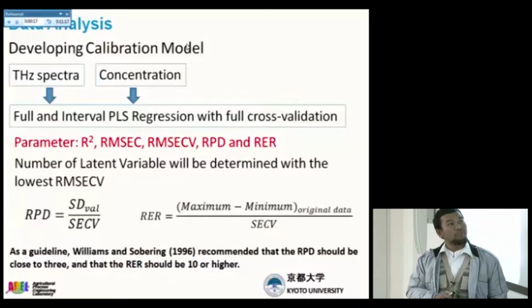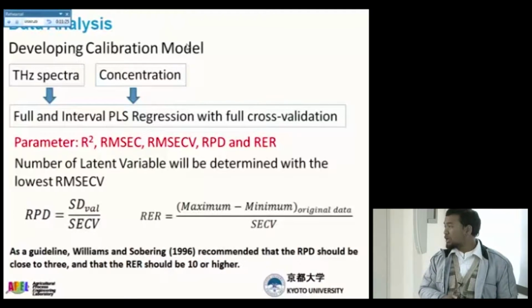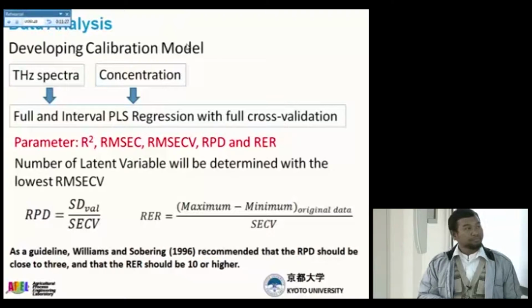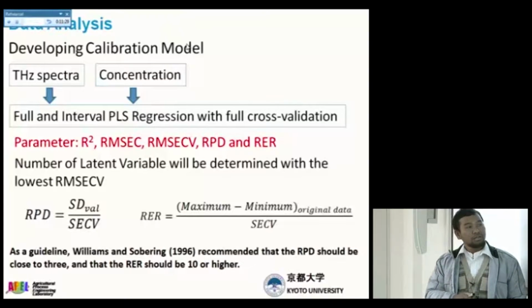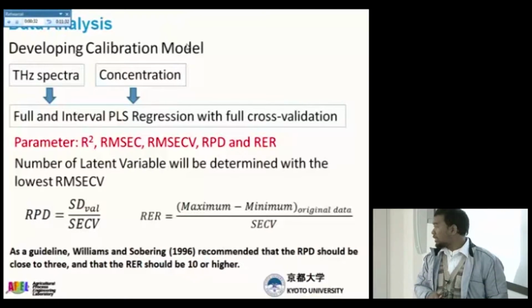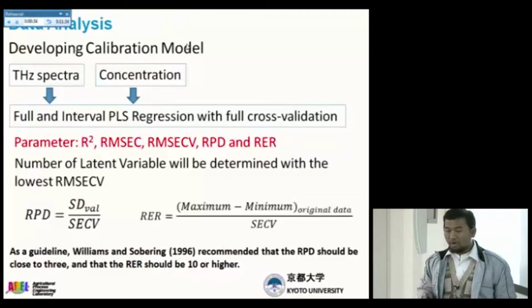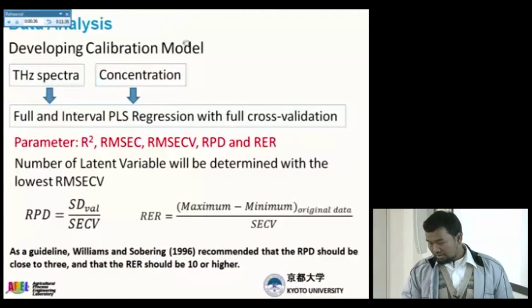So when we develop the calibration model, we will use full spectrum of PLS regression and also IPLS regression with full cross-validation, and we compare the results. And these parameters will be used to evaluate the quality of the developed calibration model.